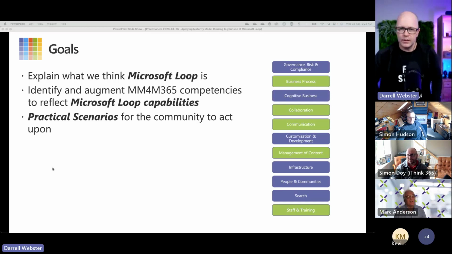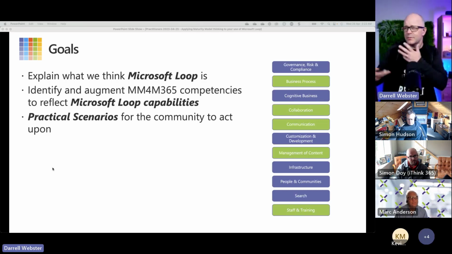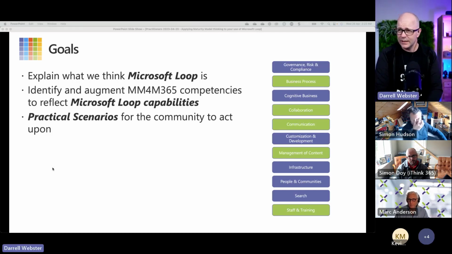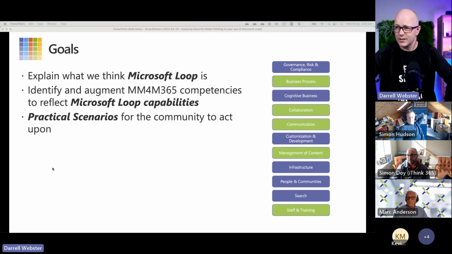Goals, right. Well, the team got together and had an initial look at Microsoft Loop, thinking, what sort of space would Loop fit across here in terms of competencies and things to measure against. As an initial thought, and this is also open to the practitioners on the call to help refine, that's how these sessions are run going forward.